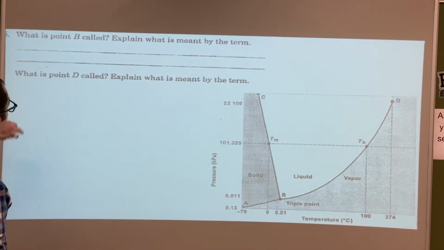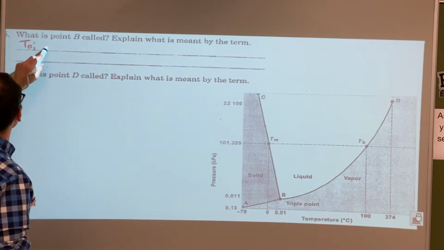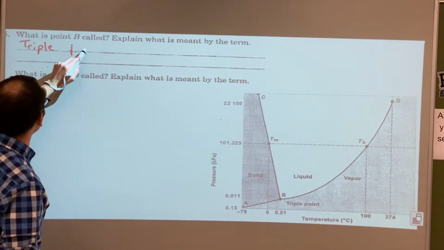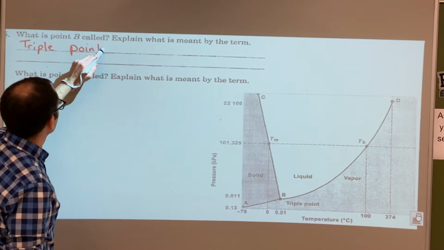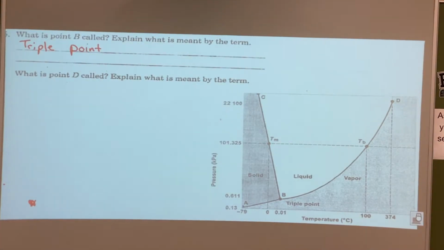Okay, what is point B called? Yeah, it's called the triple point. Good, all right, so it's labeled in this one, good. Triple point. Okay, so with this one, what does the term mean?